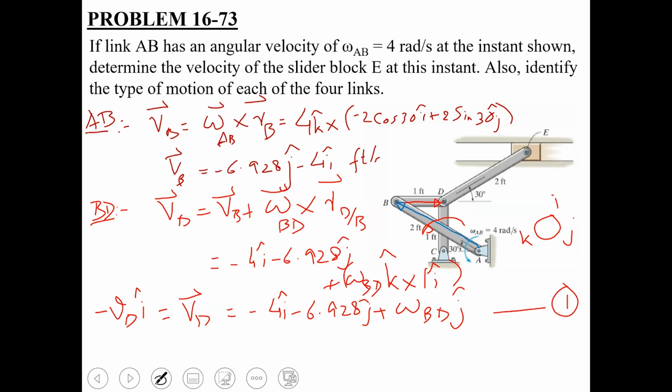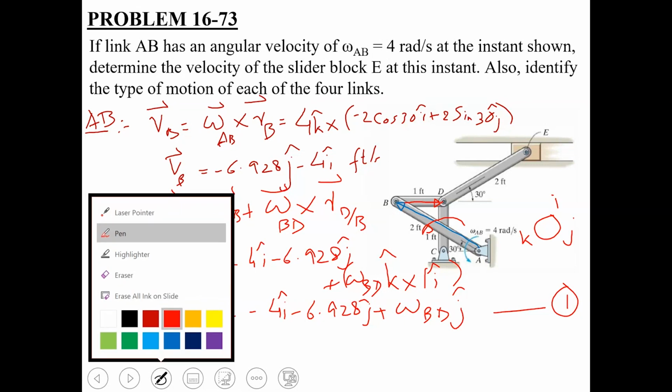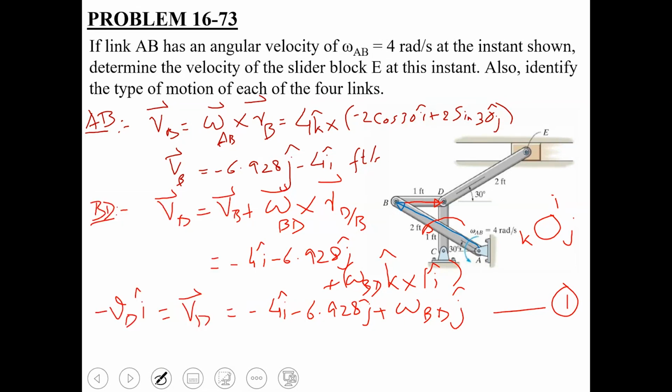Okay, so now you compare the i and j coefficients on both sides of this equation. Comparing the i coefficient, on the left hand side it is minus VD, on the right hand side it is minus 4. It means that VD is equal to 4 feet per second.